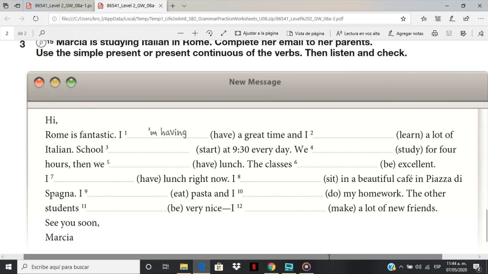Yes? So take a moment to read and to try to answer this. Then pause the presentation here so that you have enough time to write the answers. Okay?